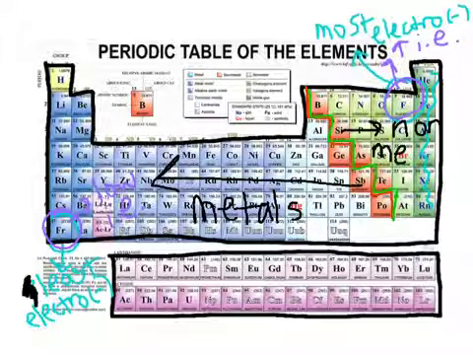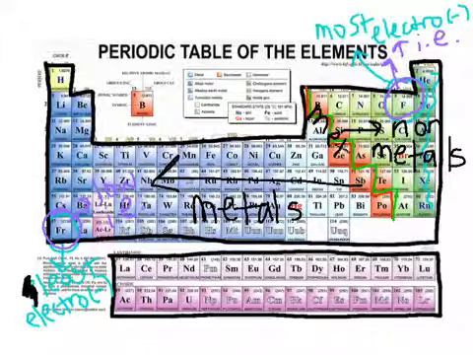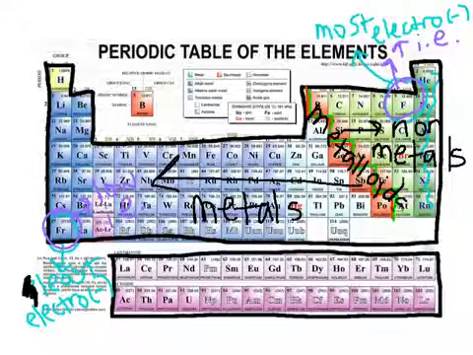So we can see that most of the elements that make up the Earth and the universe are going to be metal atoms. There's a lesser amount of nonmetals than metals. And the red ones here are what we call metalloids. They kind of have properties of metals and nonmetals at the same time. They're a little weird, but we call them metalloids since they're kind of metals but kind of nonmetals. They're kind of in between.